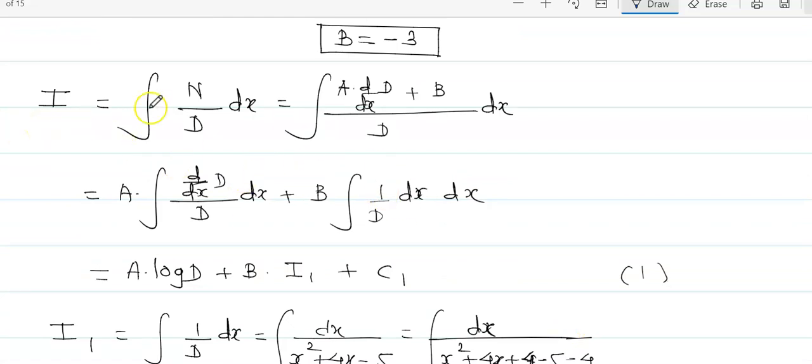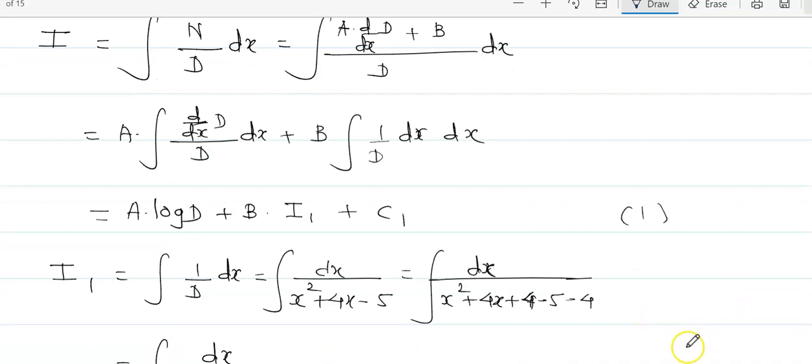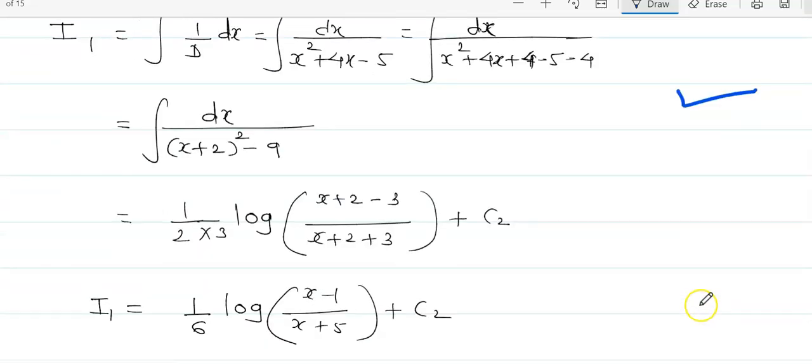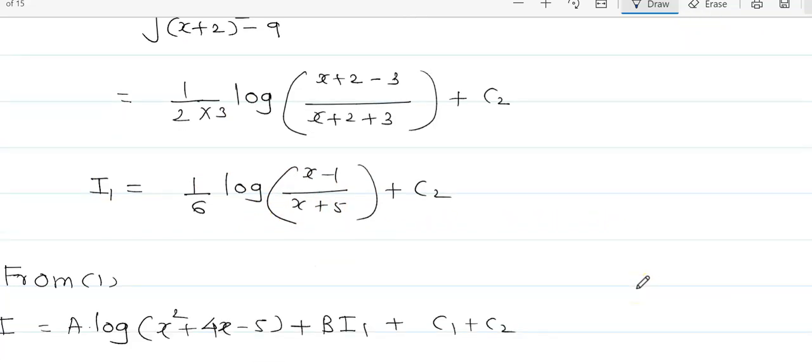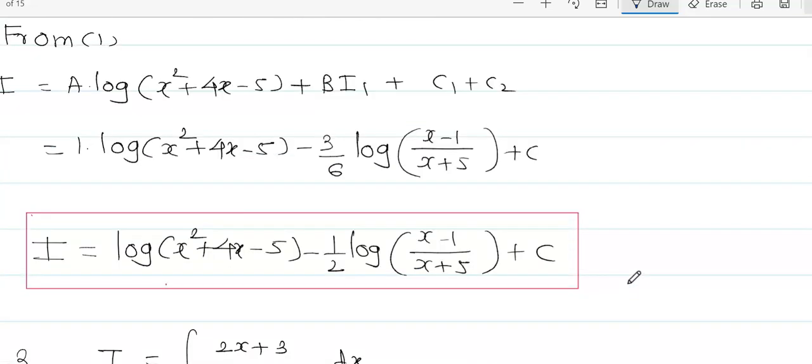again I is equals to integral numerator upon denominator. Separate this. This is your I1. Therefore, I1 is equals to 1 by 6 log of x minus 1 upon x plus 5 plus c2. And this will be the final answer.